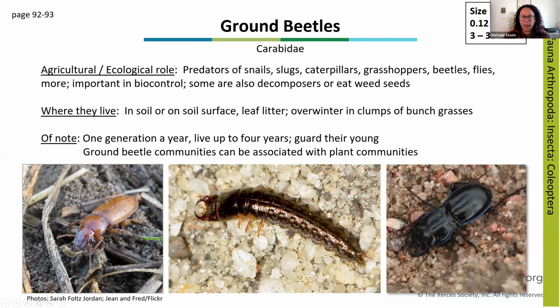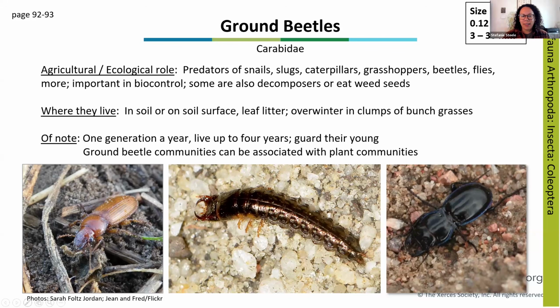They're excellent predators and can be really important for controlling crop pests like slugs and snails, which are also more active at night, as well as other insects and other invertebrates. These beetles are really good at their job as predators, and they can eat up to 2.5 times their body weight per day.